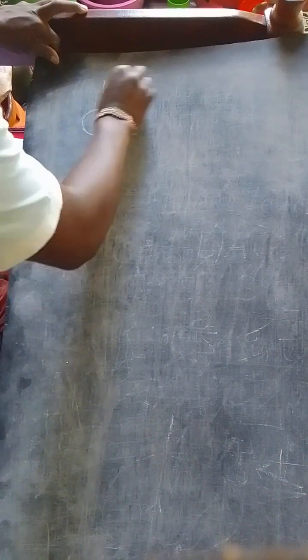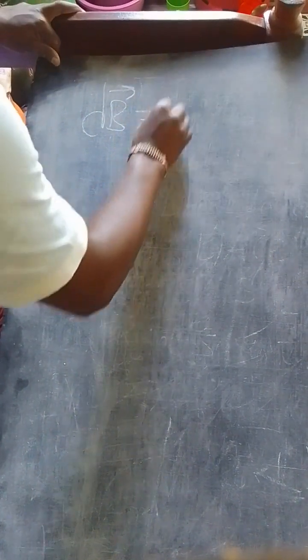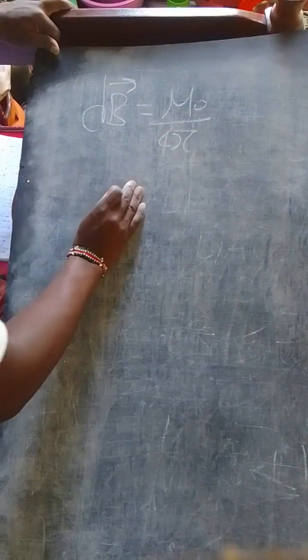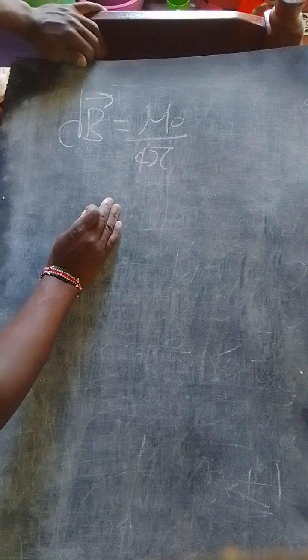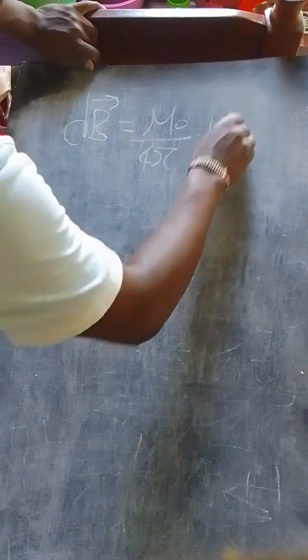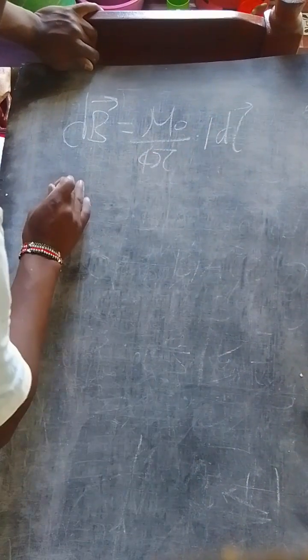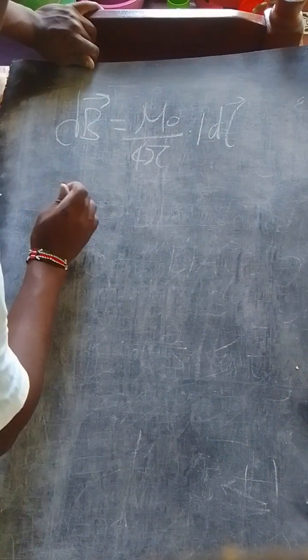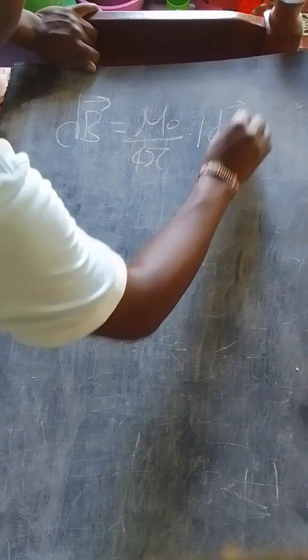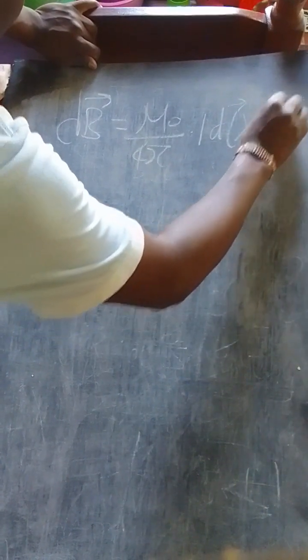So writing Biot-Savart law in vector form, it will be dB equal to mu naught over 4 pi times I dl cross r hat over r squared. Remember, when we write vector form, it means those factors that will be changing.